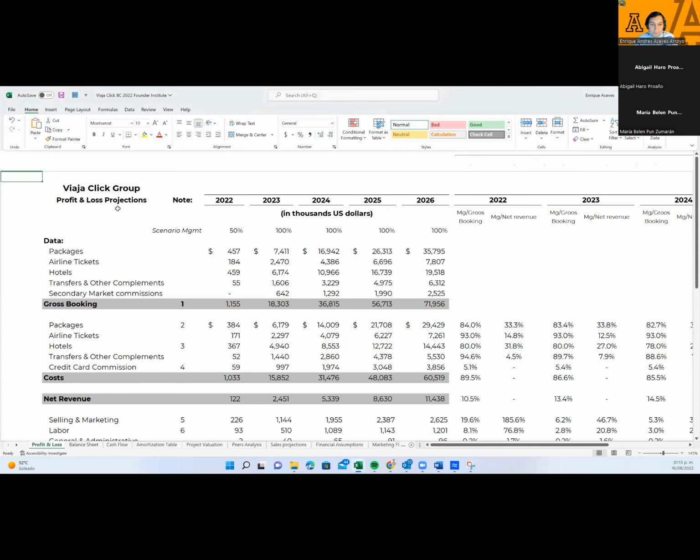So this is what we're going to learn. This is the final product of what you will learn. Can you tell me what this is? An income statement. Yes, perfect. Very good, Abigail. This is an income statement.